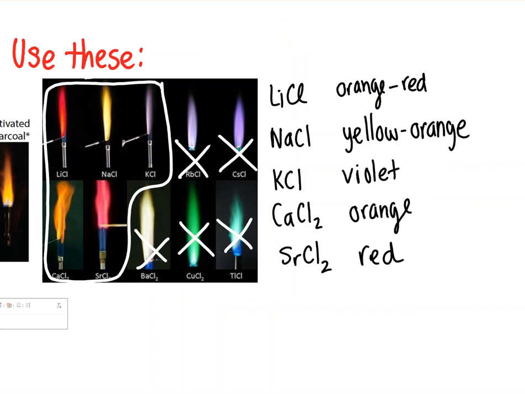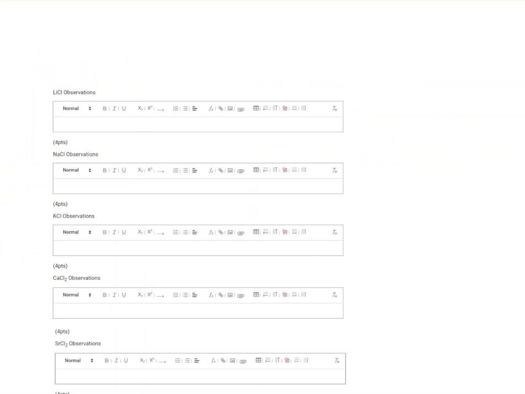Again, on these, because I'm giving you the colors, do come up with a wavelength for each one in your description. So here are your observations.